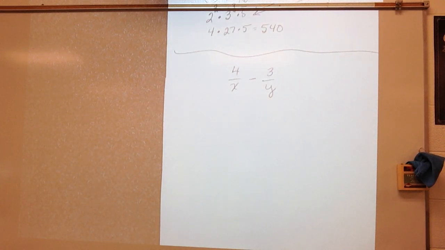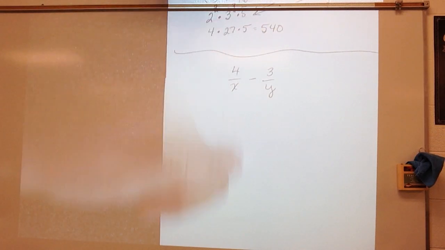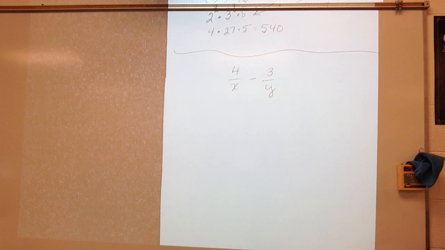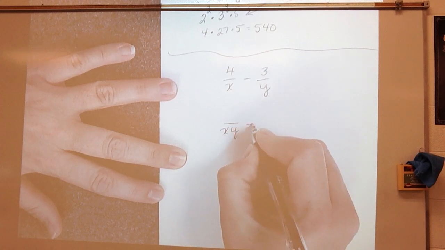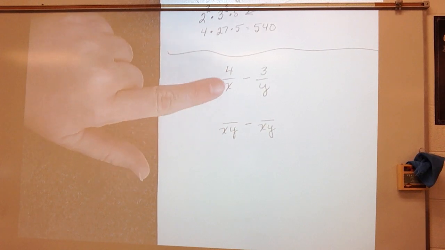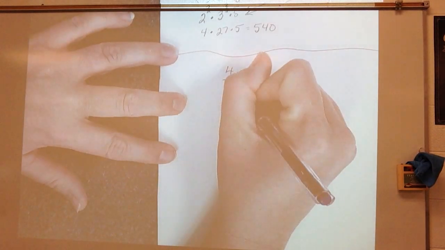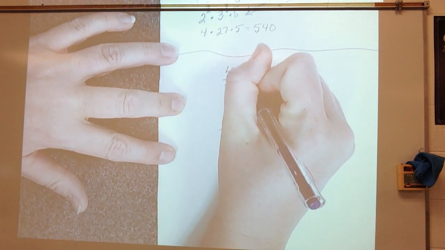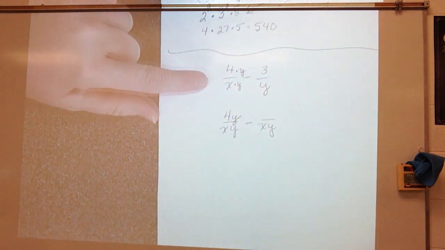Well, the common denominator would be xy. Because they're not numbers, I have to make sure I have both of them. So the common denominator is going to be xy and xy. Now ask yourself, how did it change? Well, if I already have the x, I need to multiply it times the y. So to get xy, I need to multiply times y. So this would be 4y.